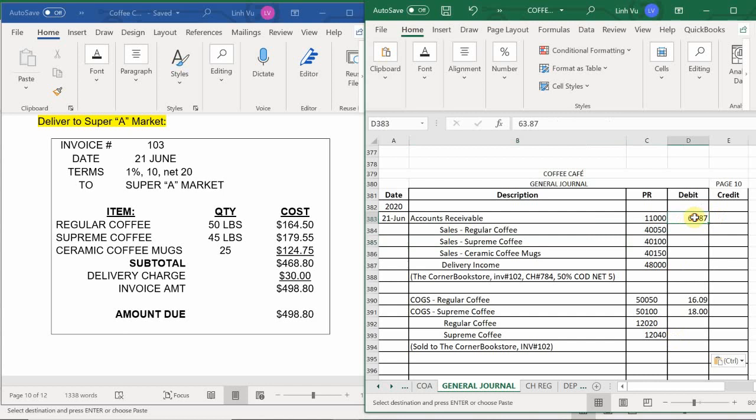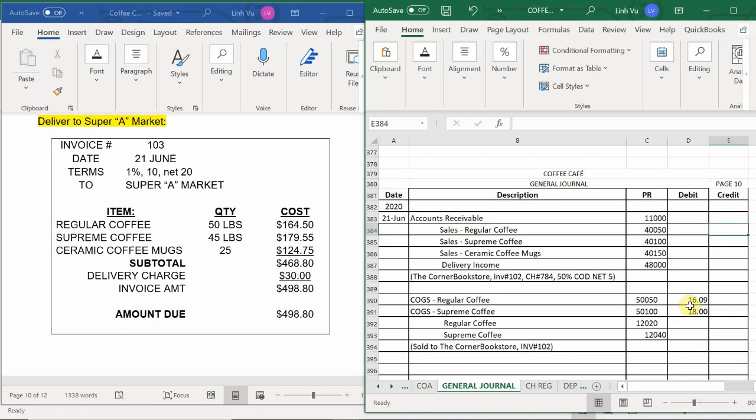Oh, I guess I accidentally carried some numbers over. So what was my total accounts receivable? $498.80. In this case, I'm going to set that section to equal the sum up there, so I can see if I matched my answers.